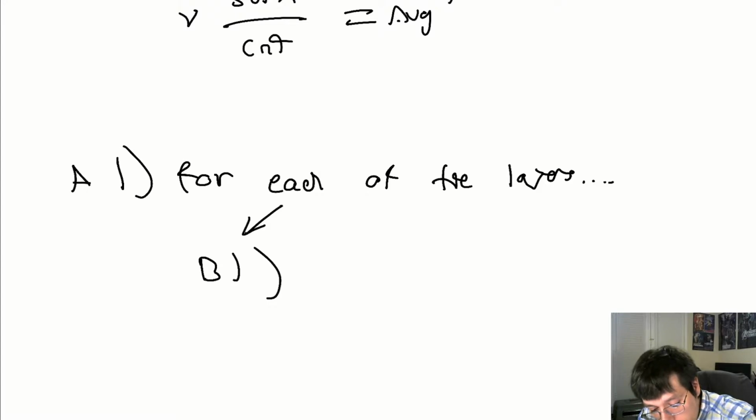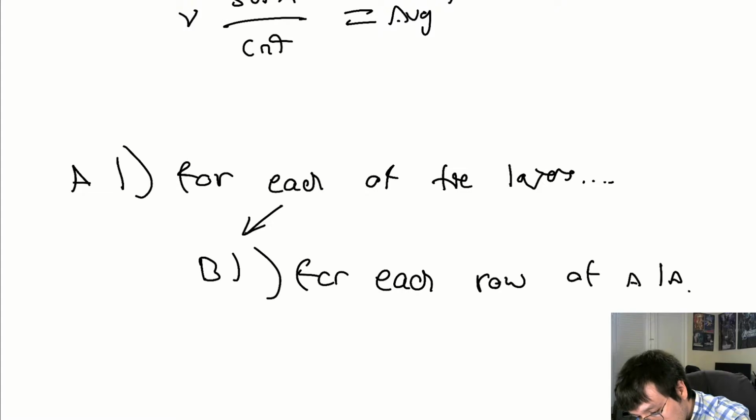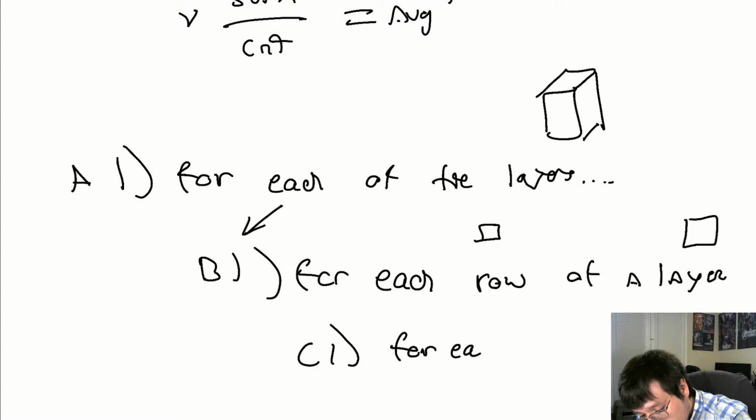Okay, so step B1 is going to be for each row of a layer, right? Because again, we start with a cube, and now we get the face. So a layer is going to be a square, and the row is going to be a rectangle, right? So we say for each row of that layer, and finally, for each element of that row.